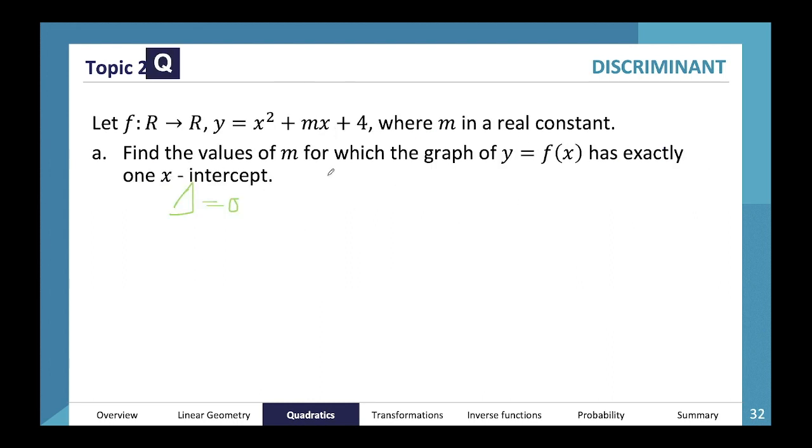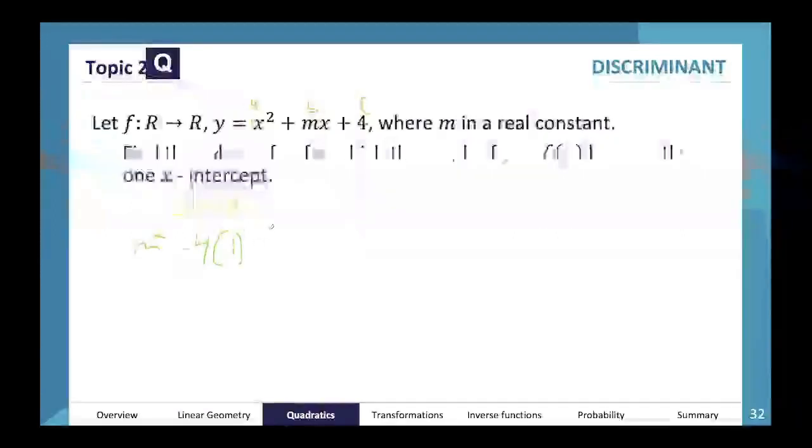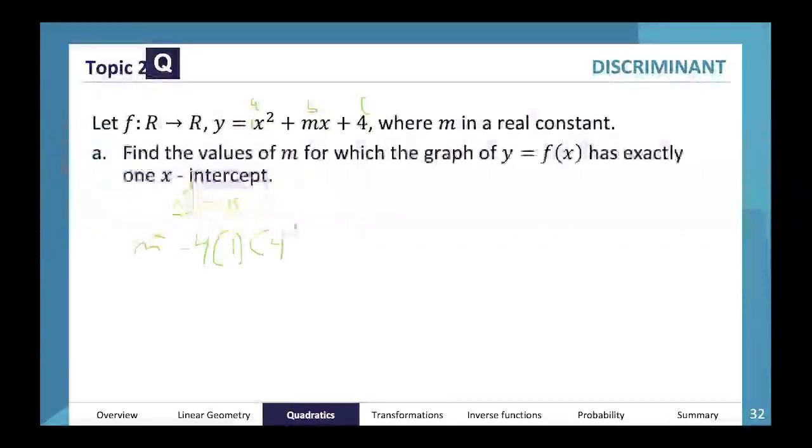Okay, so let's create our discriminant equation here. This is our b term, this is our c term, and our a term in this case is going to be 1. So we'll get m squared, so b squared, minus 4 times a, which is 1, times c, which is 4. For now, we'll just say this is our discriminant.